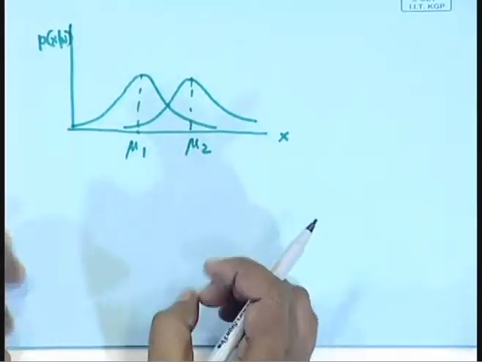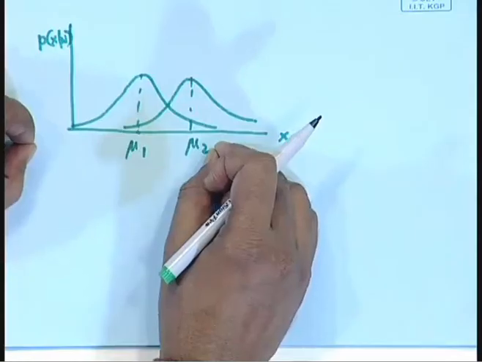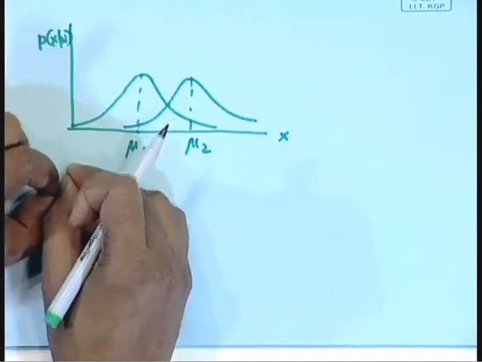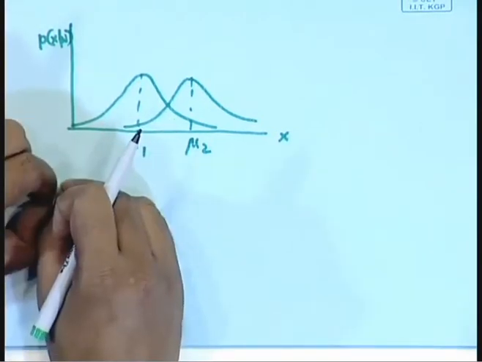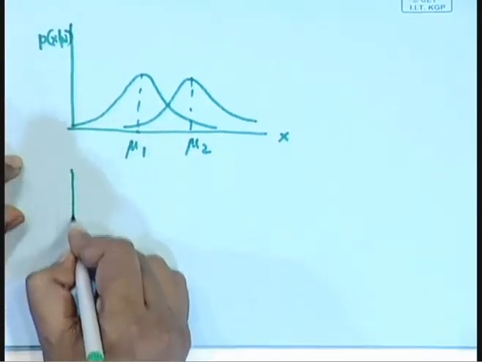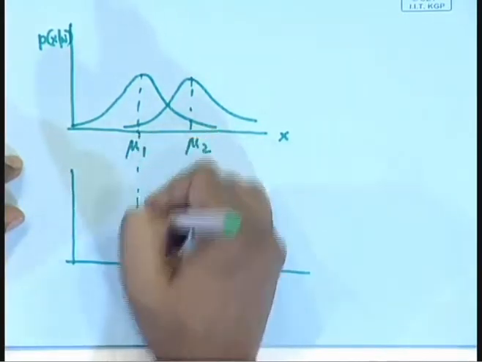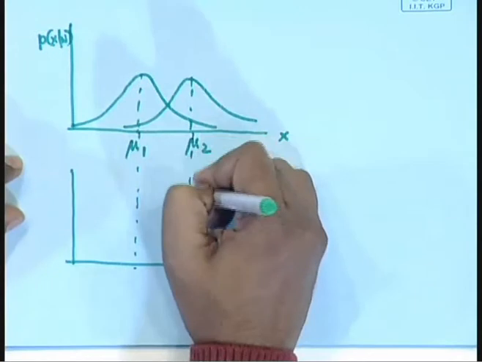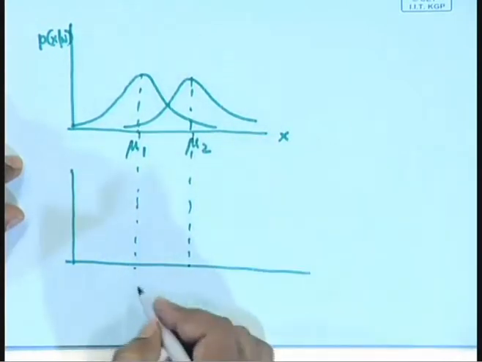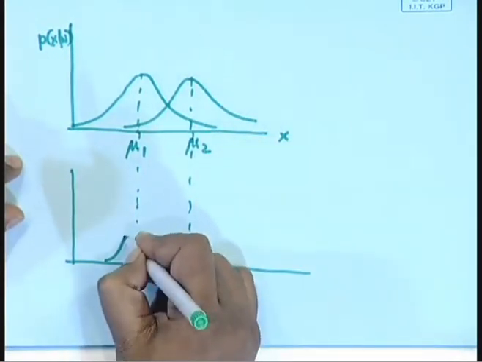We said that if we increase the distance between mu 1 and mu 2, my classification error will be less. Okay, that is one. At the same time, if I try to reduce the variance of the samples within a class, that means keeping mu 1 and mu 2 in the same location, so this remains mu 1, this remains mu 2, but now I want to have a distribution something like this.